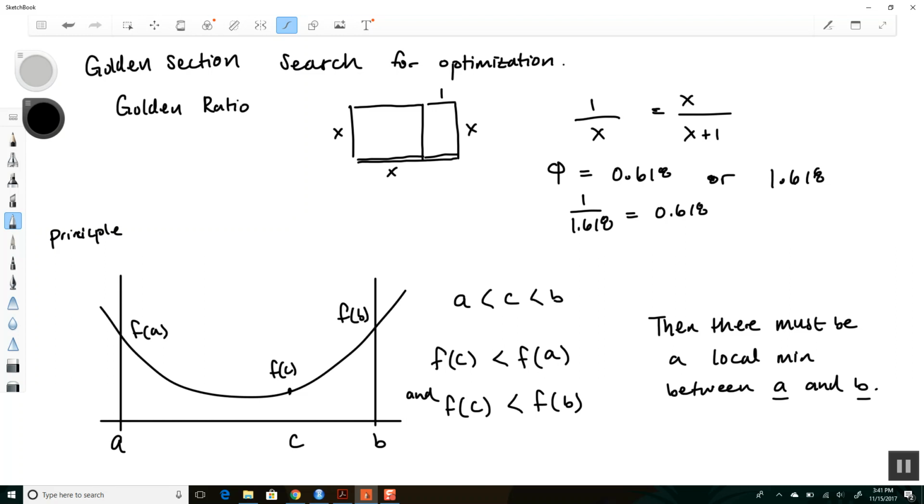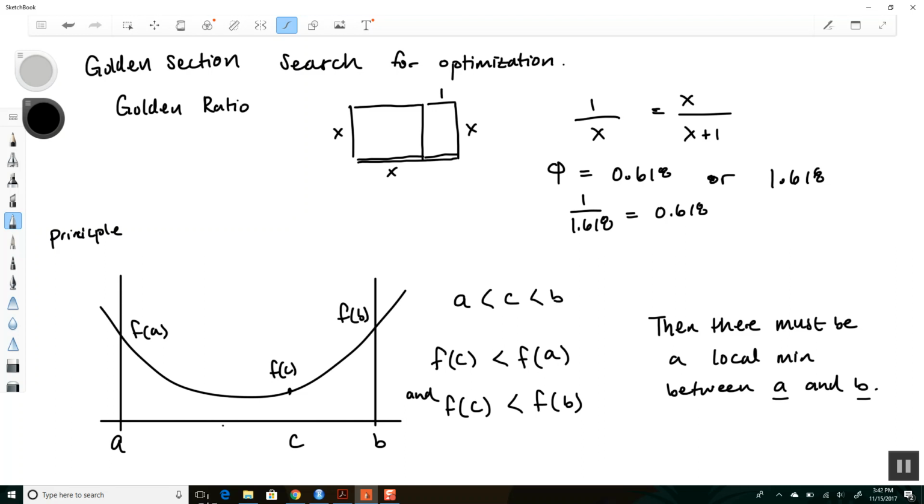I'm going to show you the code for a minimization algorithm. If you want to use it in a maximization situation, all you do is minimize the negative of the original function. If you minimize the negative of the original function, you just multiply the original function by -1. You minimize that, and you've maximized the original function.